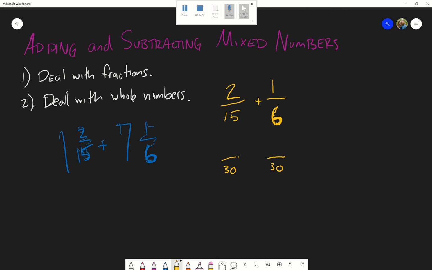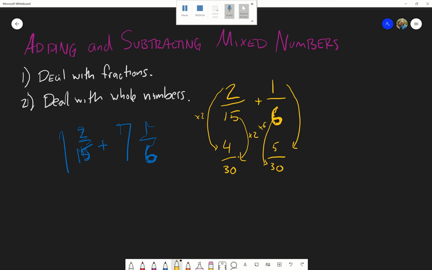That's an easy one, easy multiplication for us. From 15 to 30, we times by 2, so we do the same thing up top. 2 times 2 is 4. And from 6 to 30, we times by 5, so do the same thing up top. 1 times 5 is 5.